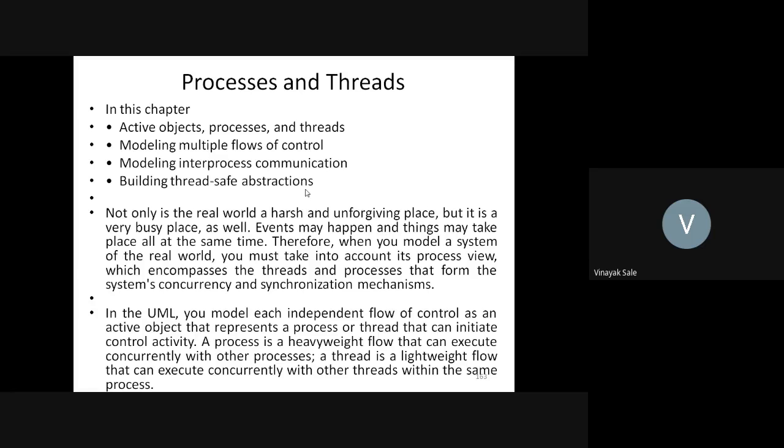A thread is a lightweight flow that executes concurrently with other threads within the same process.